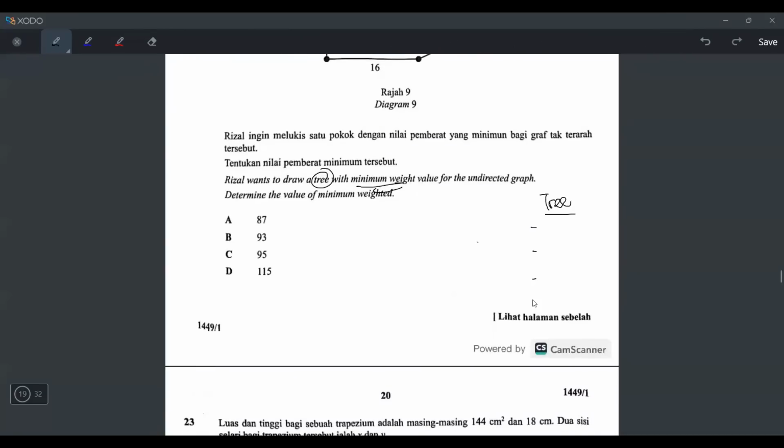A tree has 4 characteristics. The first characteristic: all vertices must be connected. Second characteristic: no cycle. Third characteristic: it must be a simple graph. What is a simple graph?